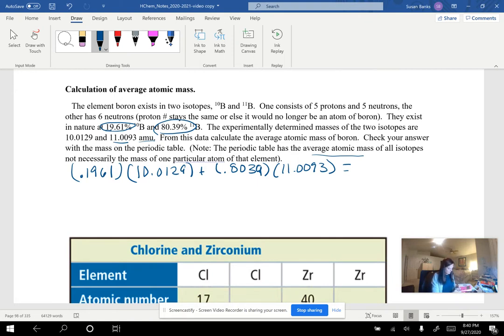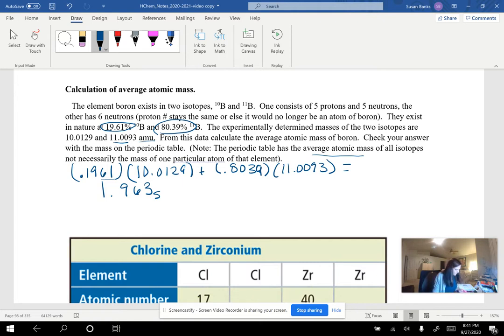Okay, so when we do that, let's pull out my trusty calculator. 0.1961 times 10.0129. When I do that, I've got 4 sig figs here. So this is going to be 1.963, and I'm going to write that 5 really quickly, small, so that I know that it is not a sig fig. So let's do the other. 0.8039 times 11.0093.